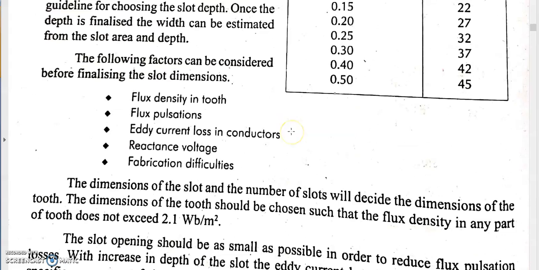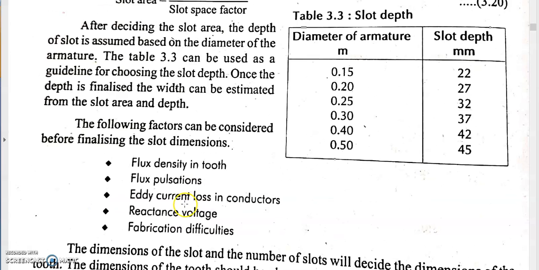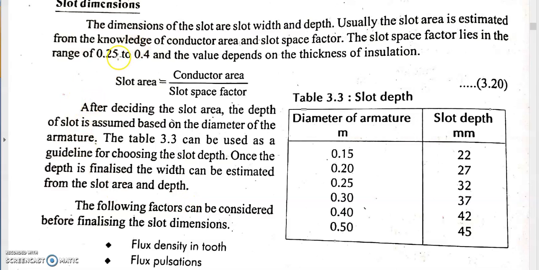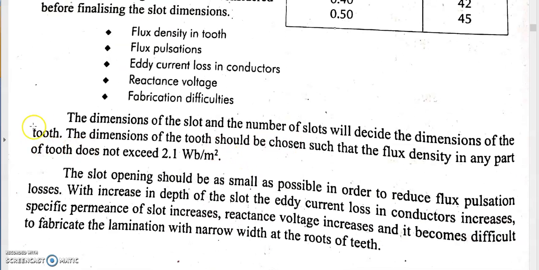Once the tooth width is known, we will be verifying the condition whether the tooth flux density is not exceeding 2.1 Webers per meter square for the selected value of tooth width. If the condition is not satisfied, then we will be changing the value of the slot space factor, and we will be repeating the design until the tooth flux density criterion is satisfied.